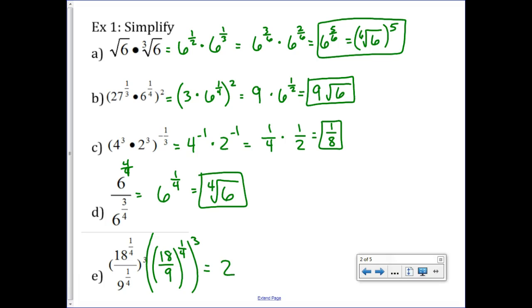And then 1/4 to the 3rd, so 1/4 times 3 is 3/4. You can leave that as 2 to the 3/4, or that's the 4th root of 2 to the 3rd. And you can do that 2 to the 3rd before you do the 4th root. So 2 to the 3rd is 8. So now I have the 4th root of 8.